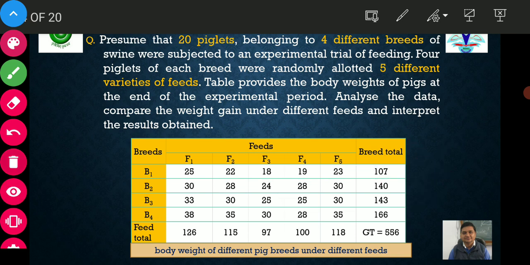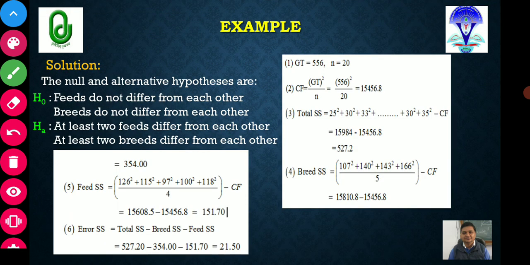Just see what I have written here: 107 square divided by 5. Similarly 140 square, 143 square, 166 square divided by the total number of feeds. You have to subtract the correction factor from this, and then you got the breed sum of squares as 354.